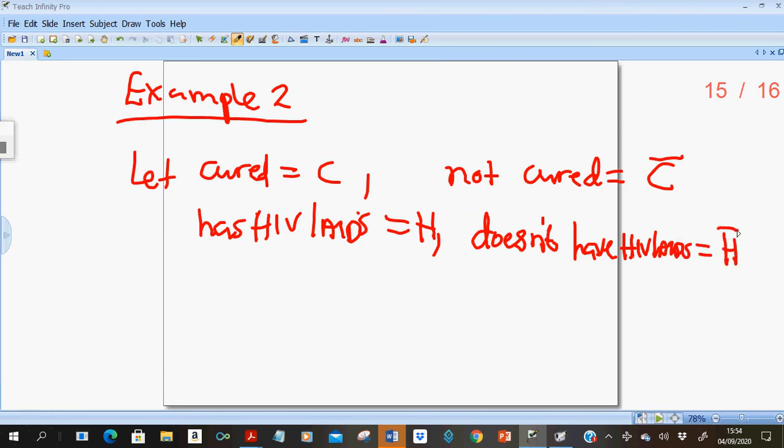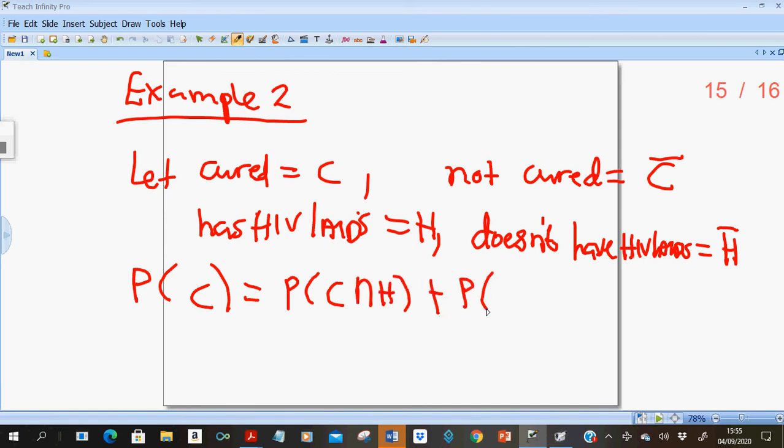Therefore, we are looking first for the probability that a person is cured. The probability that a person is cured will be the probability that the person is cured and had HIV, plus the probability that a person is cured and didn't have HIV.